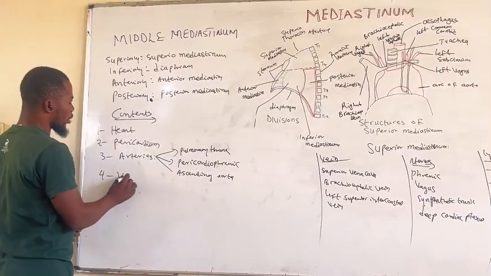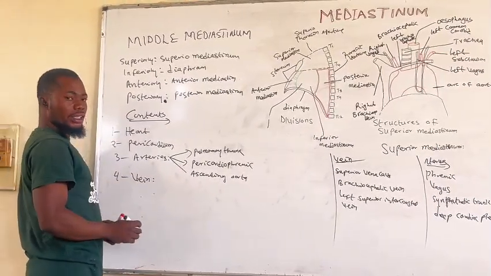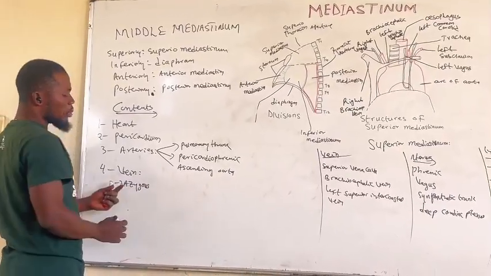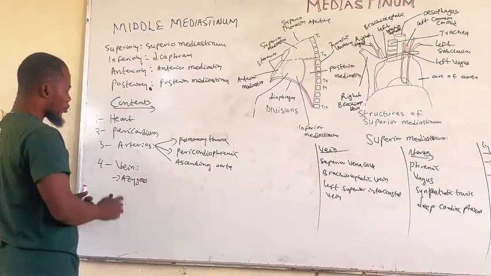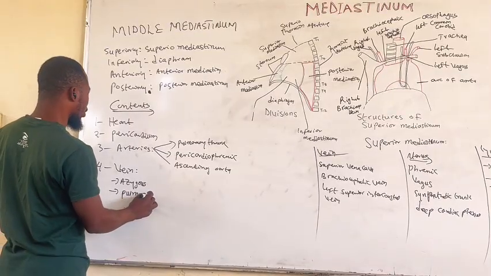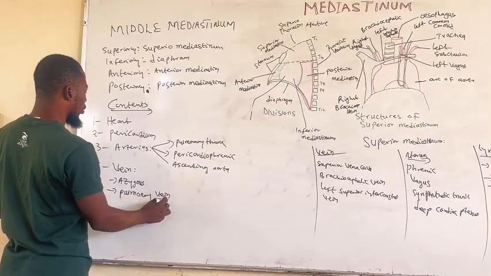There are veins as well. The veins are the azygous vein, but it is the terminal part of the azygous vein. There are the pulmonary veins, right and left.